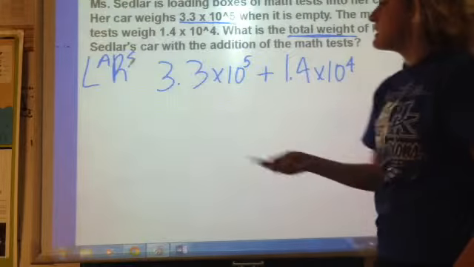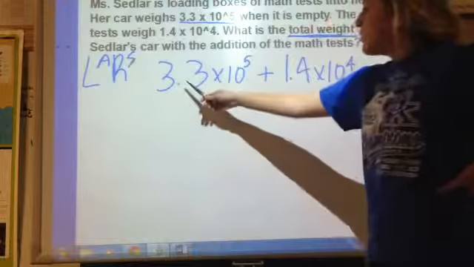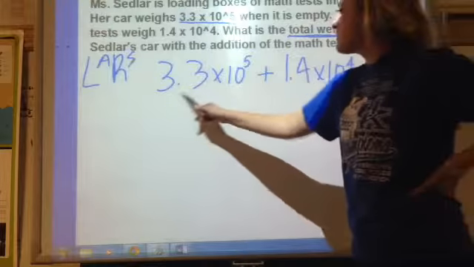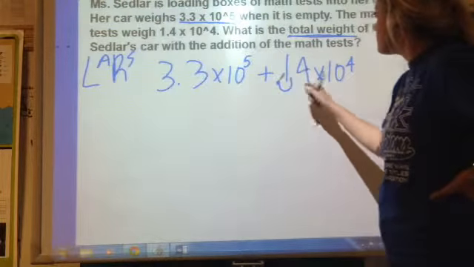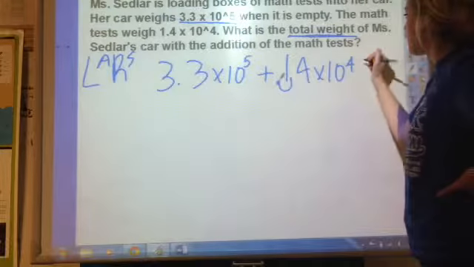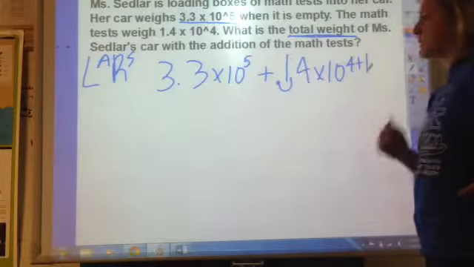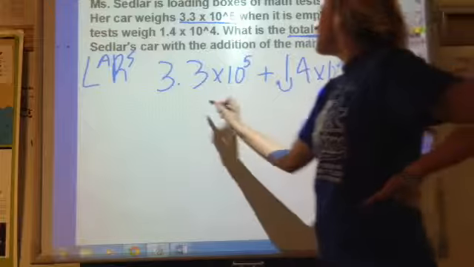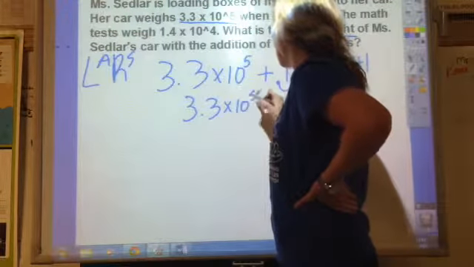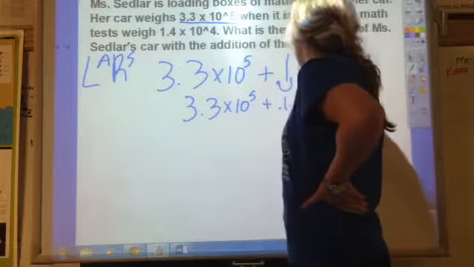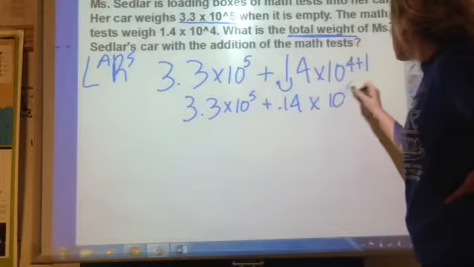The way that I do that is I remember my good friend Lars. You always keep the term with the larger exponent. So I'm going to go ahead and move my decimal place on my second one place to the left, which means I can add 1 to my exponent. So my new problem will be 3.3 times 10 to the 5th plus 0.14 times 10 to the 5th.